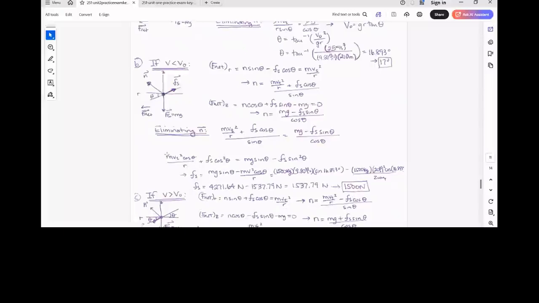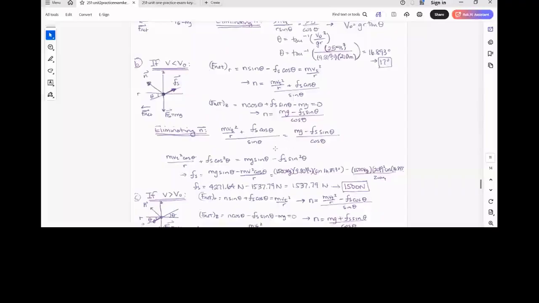I can do some cross multiplying, and I end up with this step here. So m v tangential squared times cos theta over r is being added to Fs cos squared theta. That's equal to mg sine theta minus Fs sine squared theta.